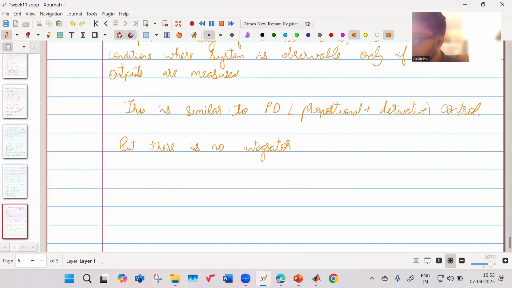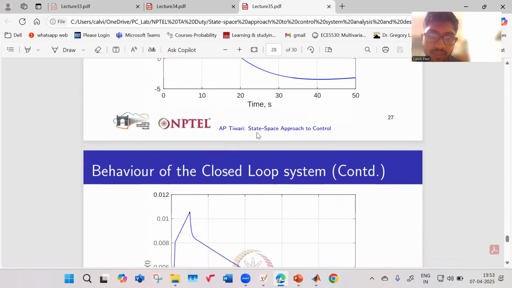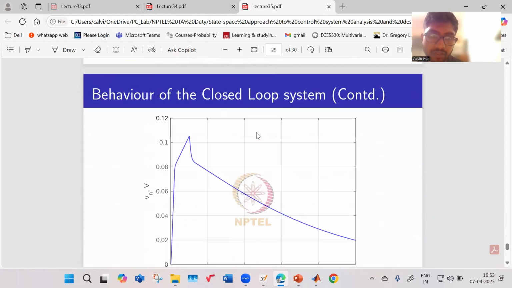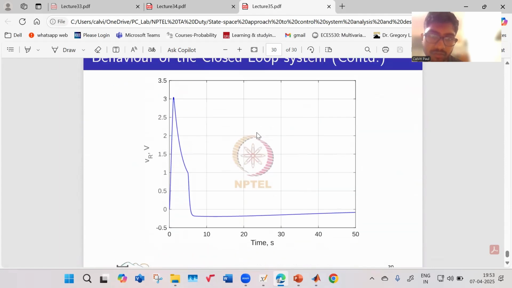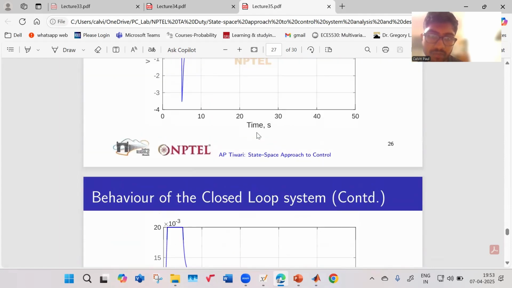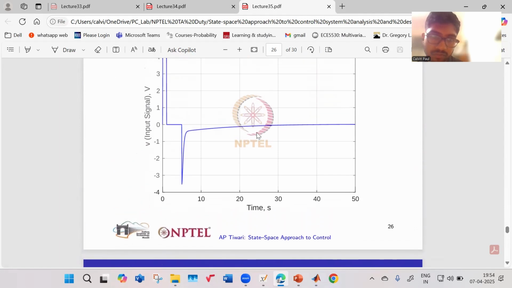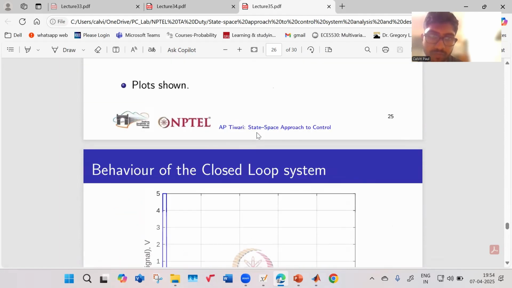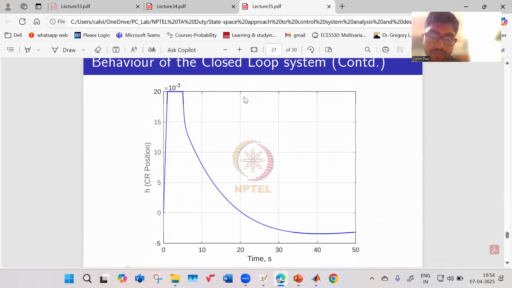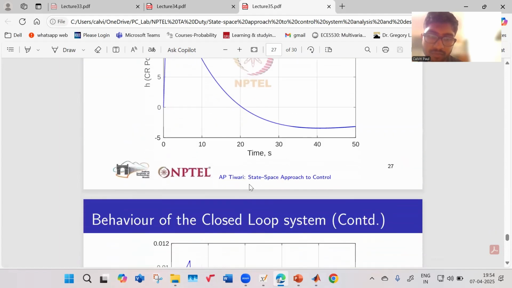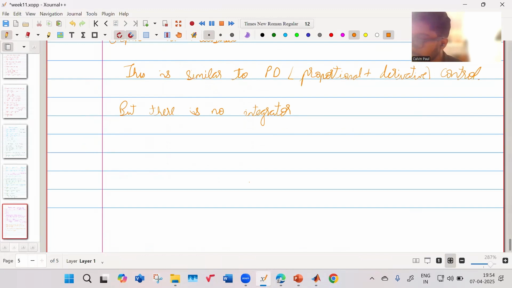Perhaps there's no tracking. Then we just check whether any tracking performance is showing. It is just showing the convergence, the input signal also shown. So integrator, tracking and regulation.